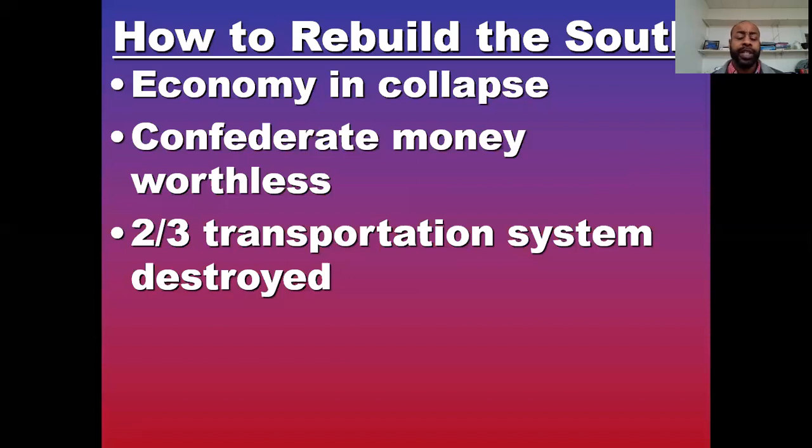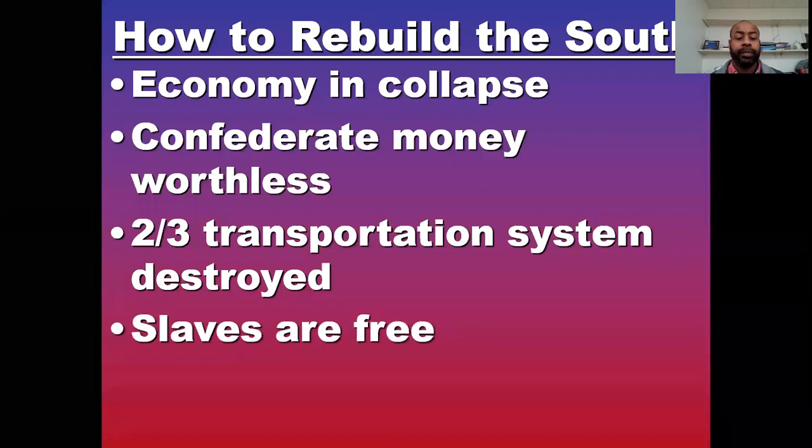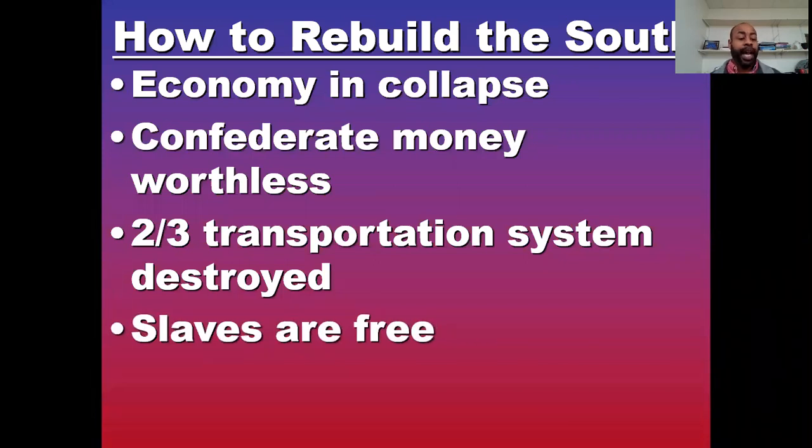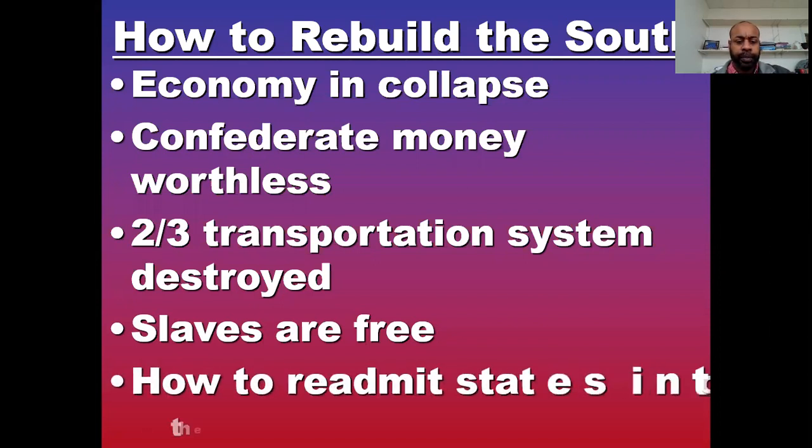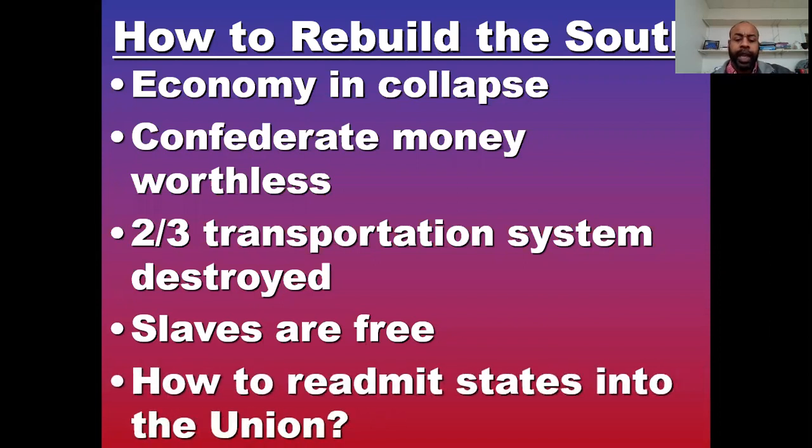Like I said, except for the rivers, 2/3 of the transportation systems are destroyed. And of course, the slaves are free. So all that potential labor, how do we manage it to fix everything and put everything back? And again, what will be the issue? How do you reconstitute loyalty back into the country?